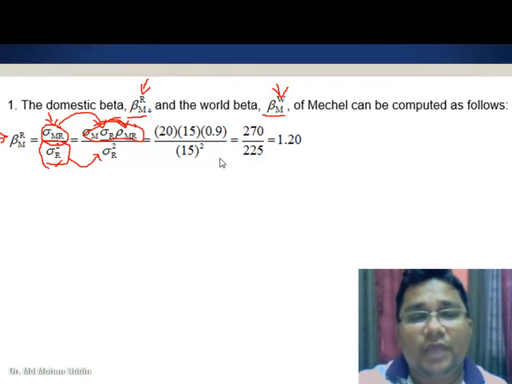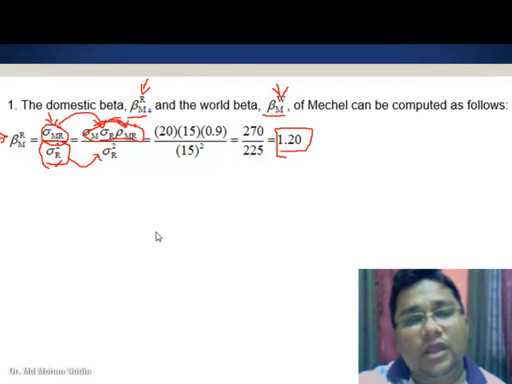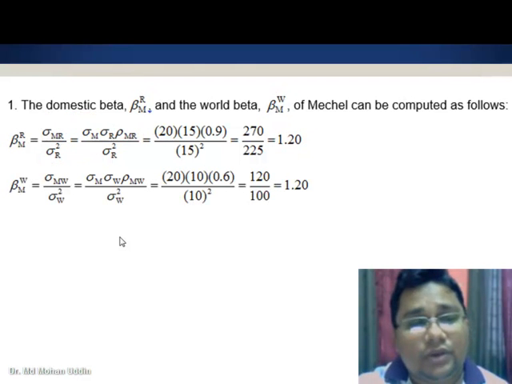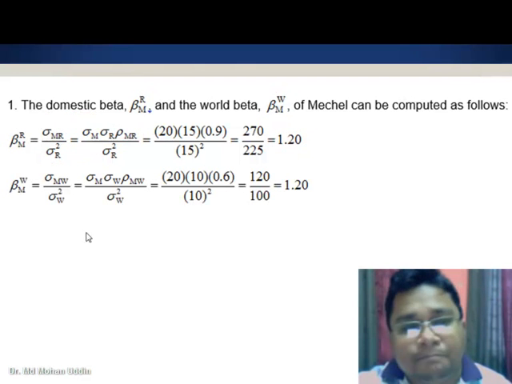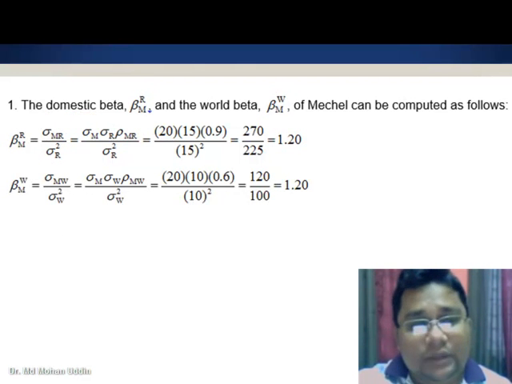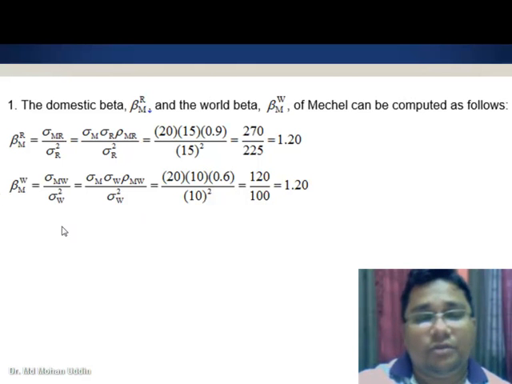If we plug in the values, we get 1.20 as the beta of the domestic market in Russia. Now we can also calculate the world beta.